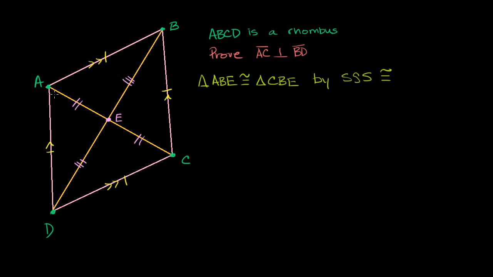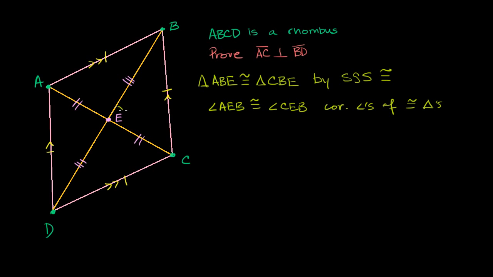And in particular, we know that angle AEB is going to be congruent to angle CEB, because they are corresponding angles of congruent triangles.